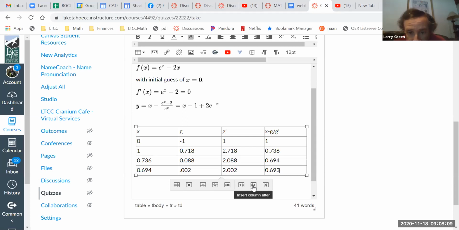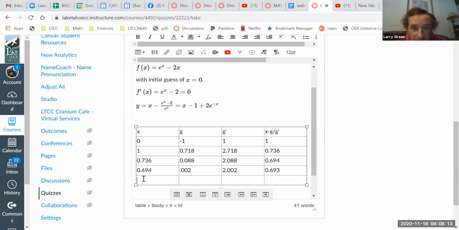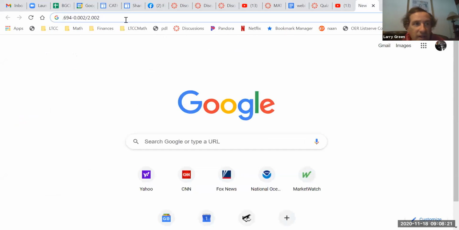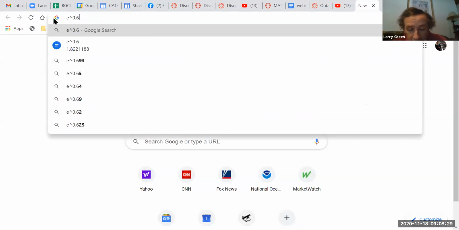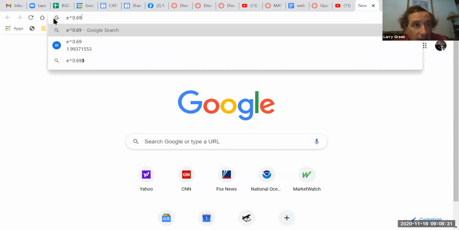So 0.693. Okay, we need to add one more. I want to insert a row after. There we go. So 0.693. We take e to that minus 2. So let's just do e to that, and then we'll subtract 2 is the easiest. E to the 0.693.